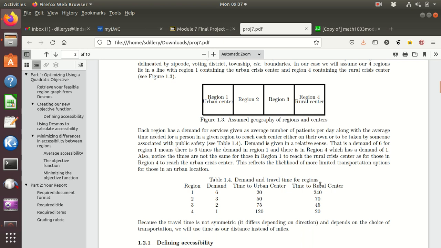what I'm thinking of in terms of time is back at Module 1 and the different modes of transportation. It could be, on the average, people near the urban center in Region 1 don't have access to automobiles, maybe.